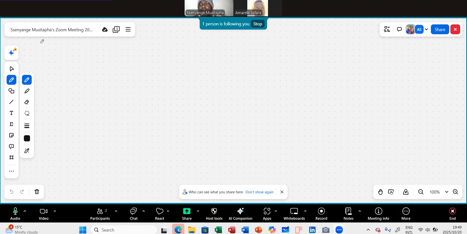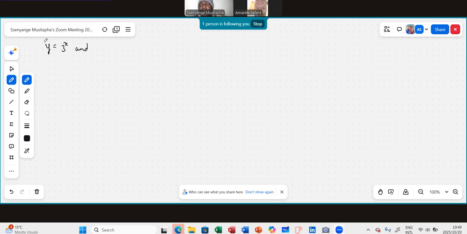So they are telling us to draw this graph where y equals 3 to the power x, and also another graph which is y equals 1 over x minus 2 plus 1.